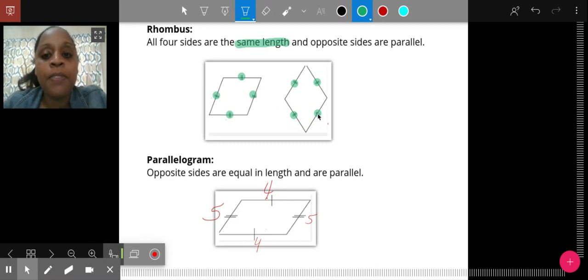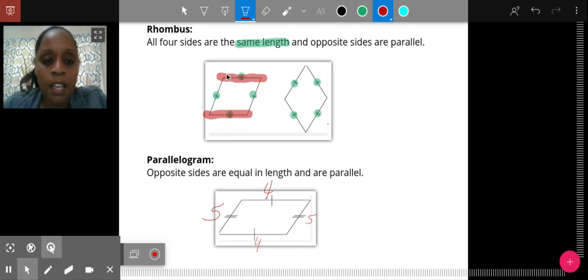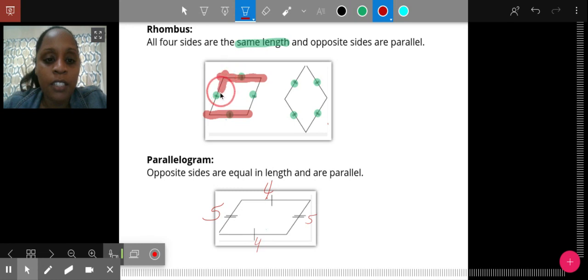All right? And then opposite sides are parallel. So let's look at that. So it's pretty much saying this side right here is parallel to this side. This side right here is parallel to this side.